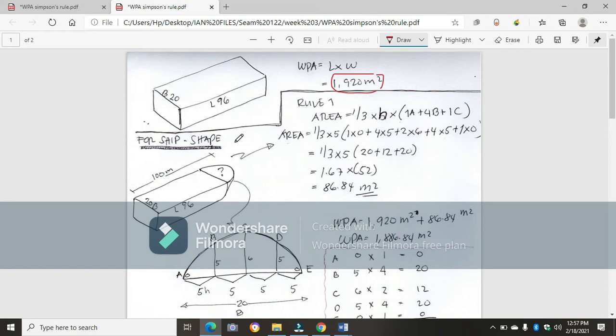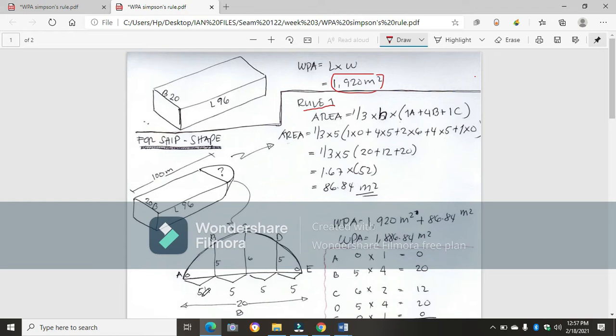But for a ship's shape, let's say for example here is the perfect rectangular area or box. So what about the curve in the forward part? We are going to solve using Simpson's rule number 1. The formula here is area equals 1/3 times h. What is h?